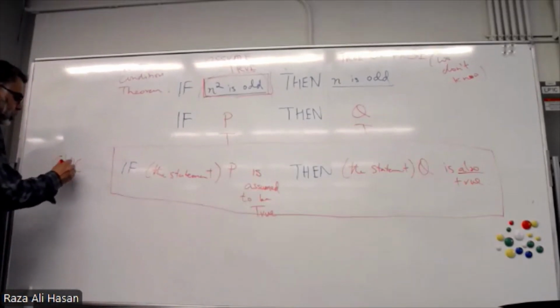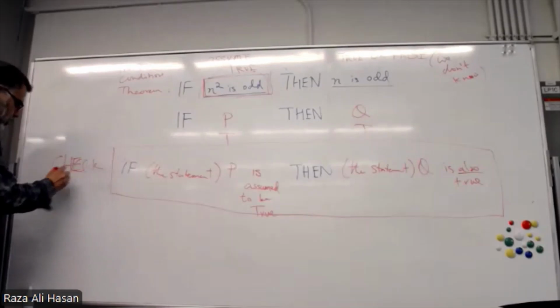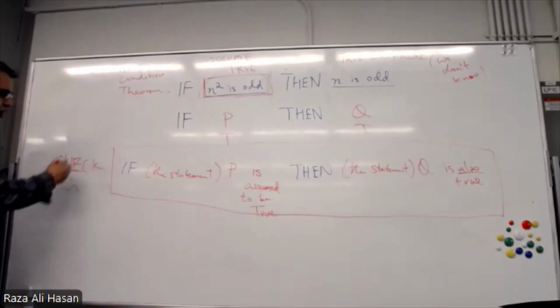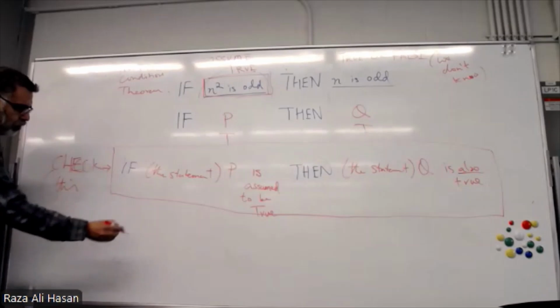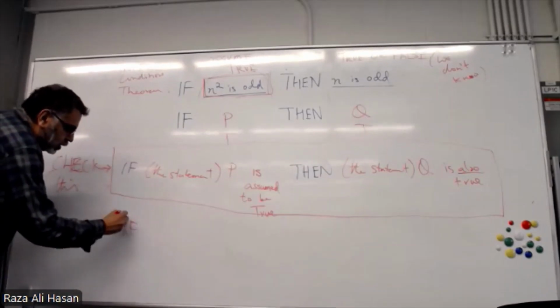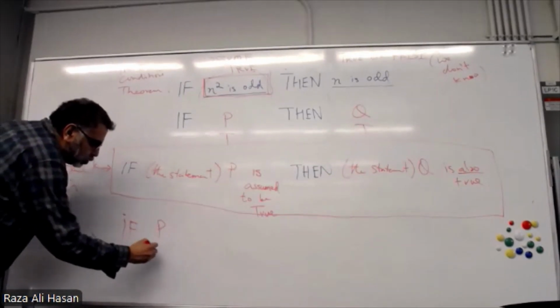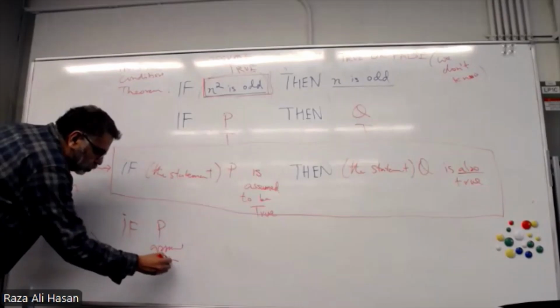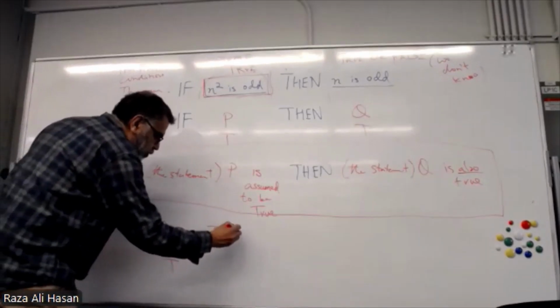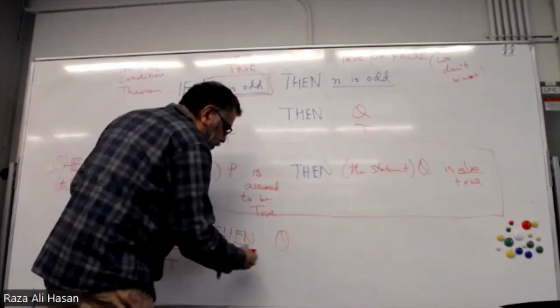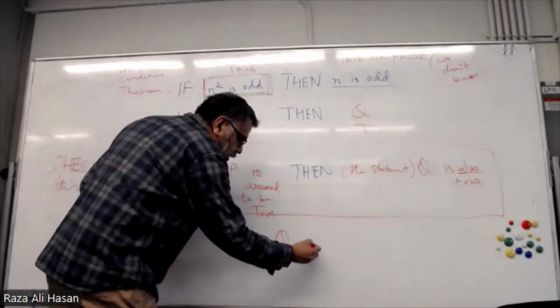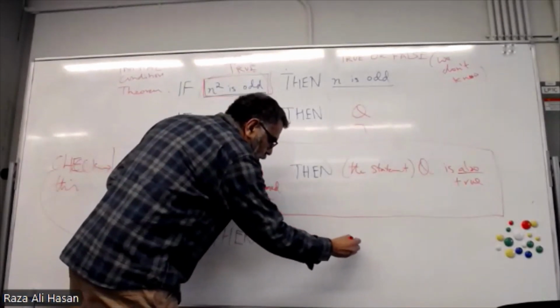Check this. And how do we check this? We check it by assuming this to be true, and then we have to check if Q is true or not.